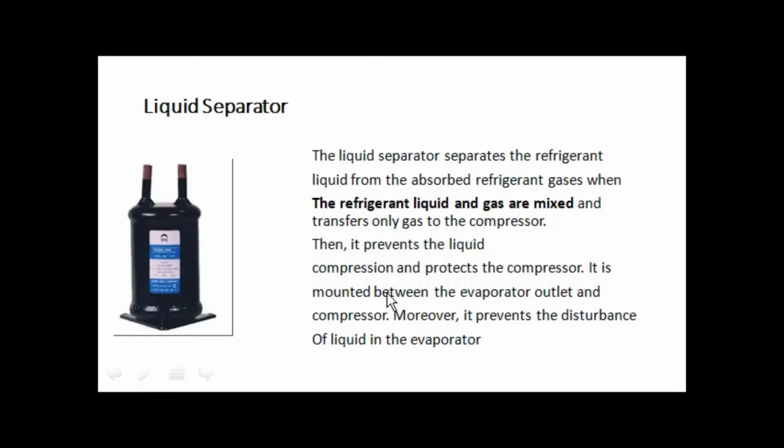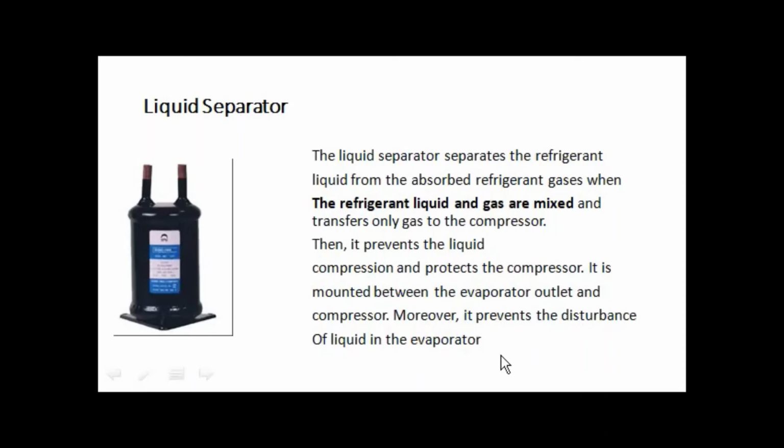It is mounted at the evaporator outlet, between the evaporator and the compressor. Moreover, it prevents the disturbance of liquid in the evaporator.